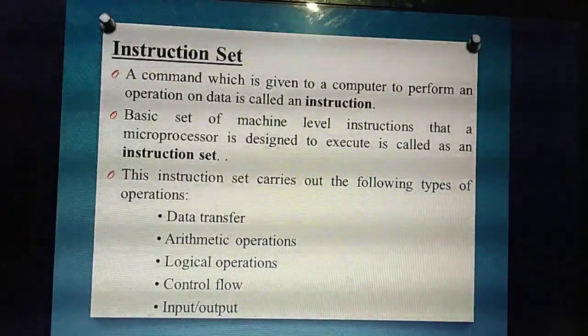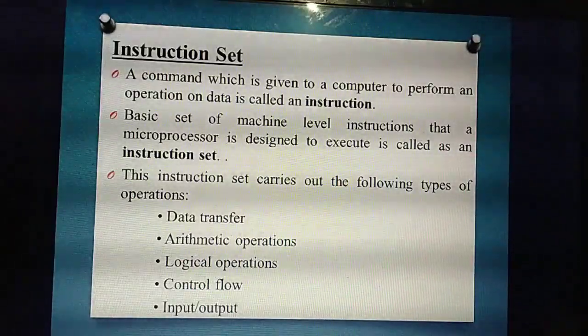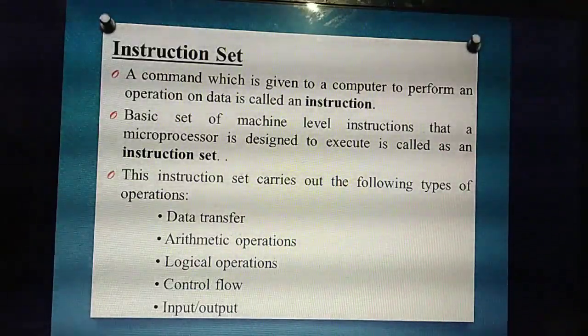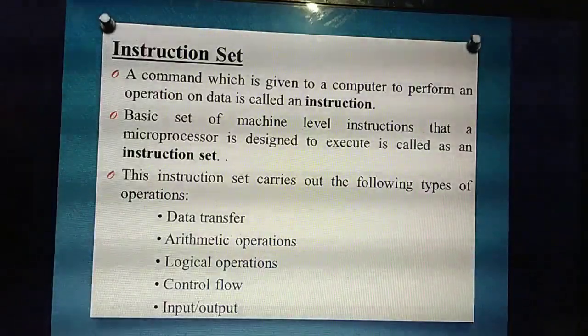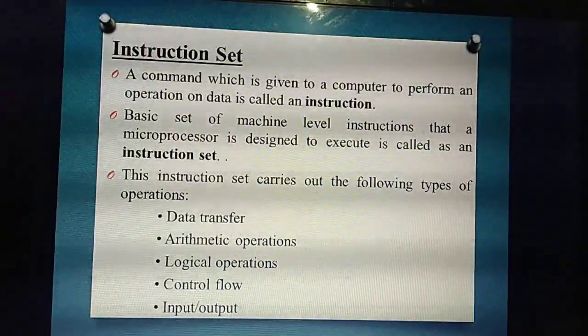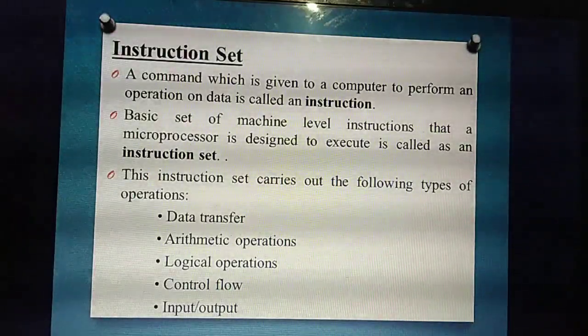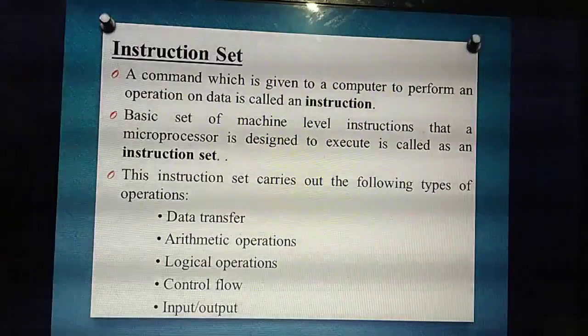Understand? So in this slide, this is the second characteristic of the microprocessor. What's the second characteristic? Instruction set. In this instruction set, first you need to write what you mean by instruction. A command you are giving to the computer to do a particular task is called an instruction.